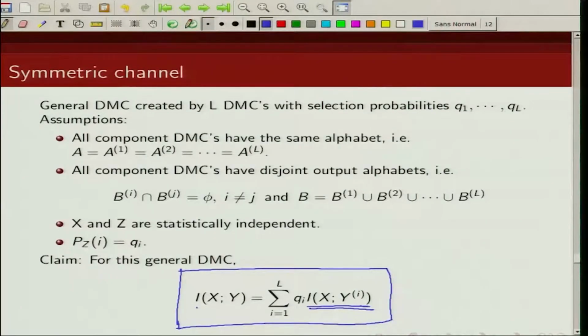From this expression, we can write the mutual information between input X and output Y as the mutual information between input X and the output of these individual L channels, multiplied by their selection probabilities, and summed over all such L channels. So we are now going to prove this result.